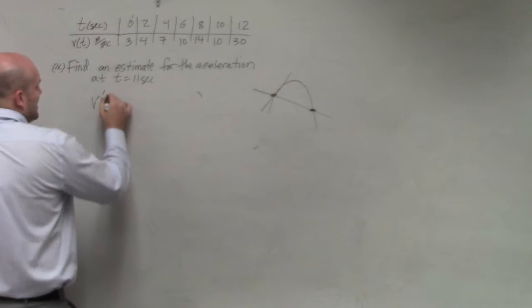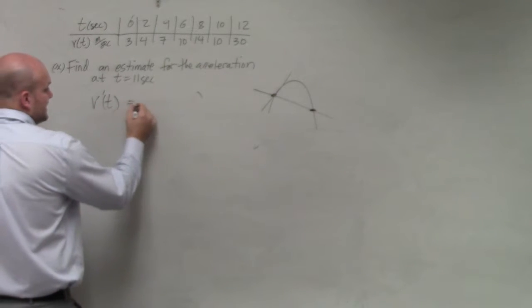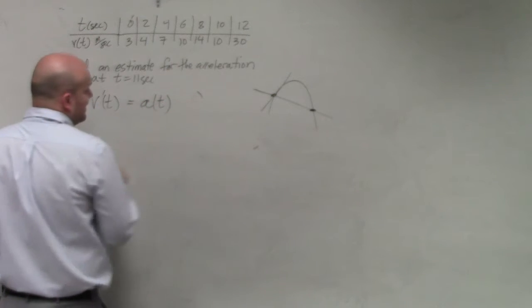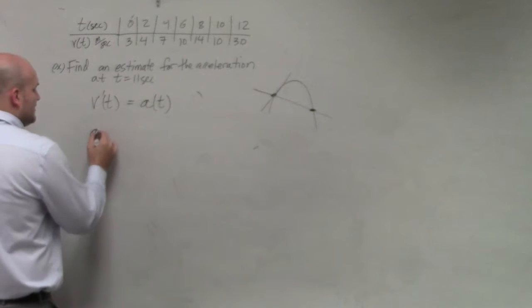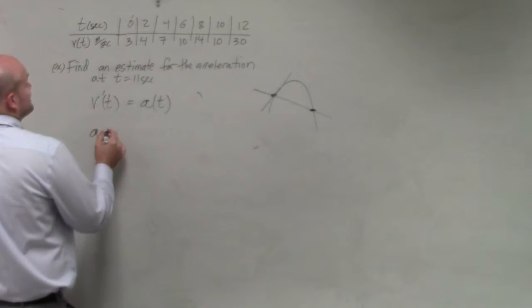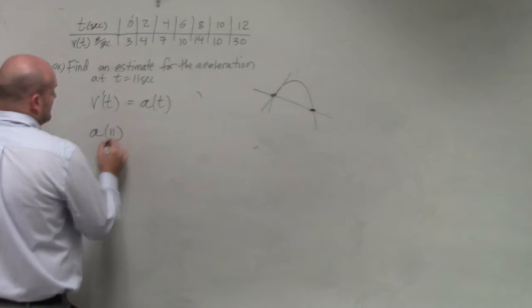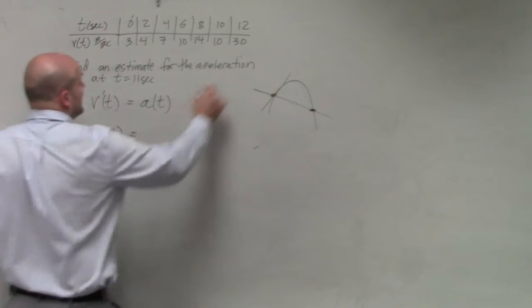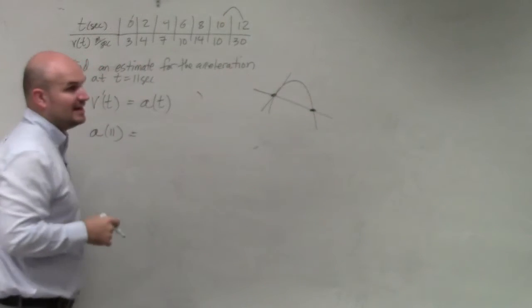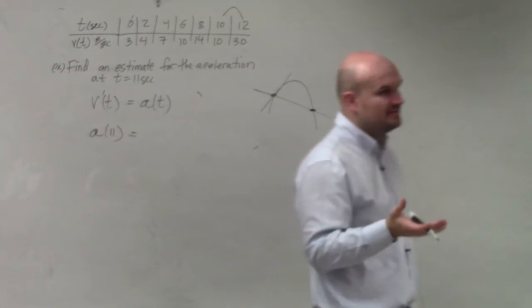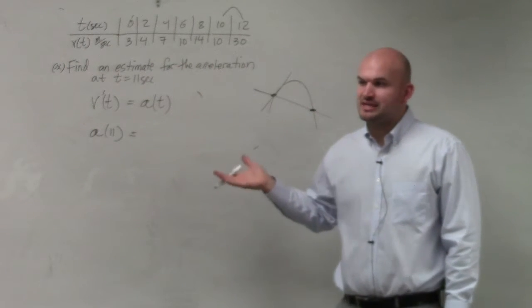So again, going back, we know that the derivative of v sub t is going to equal a sub t. So therefore, if I want to figure out what a sub 11 is, what I can basically do is pick 2 values that I could find the change between that will give me a good representation of 11.